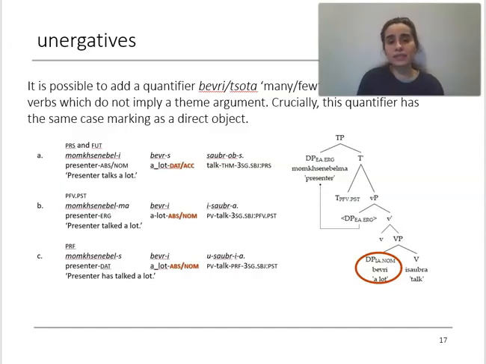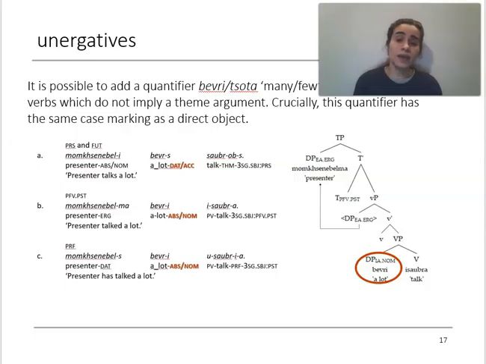So this d hat is a quantifier, Beveridge-Sota, many or few, and this quantifier can be used as a direct object in Georgian, and this has been mentioned by many grammarians. Among others, Harris also mentions that it can be regarded as an object in Georgian.